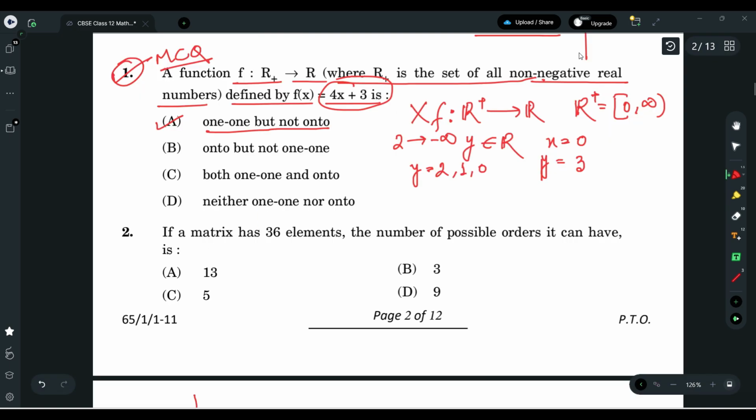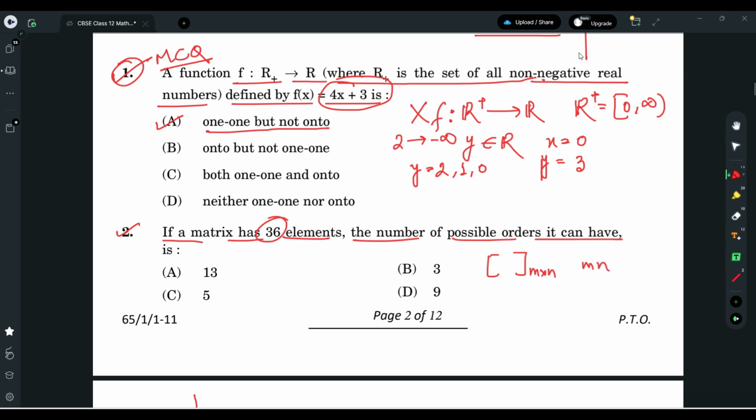Question number 2. If a matrix has 36 elements, the number of possible orders it can have. We know that if a matrix is of order m cross n, then it has mn elements. So there are 36 elements, and we have to write 36 as a multiplication of two numbers. That means 1 into 36, and another is 36 into 1. This is a row matrix and this is a column matrix.